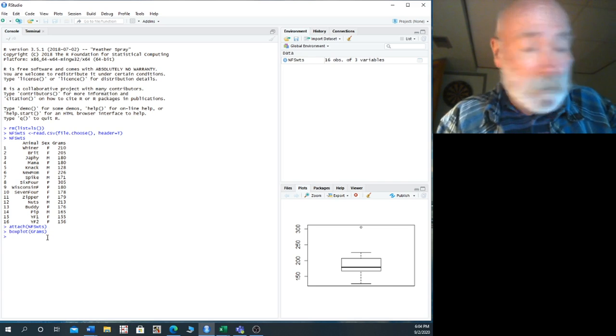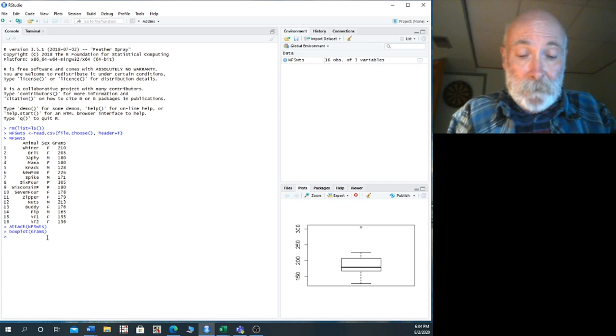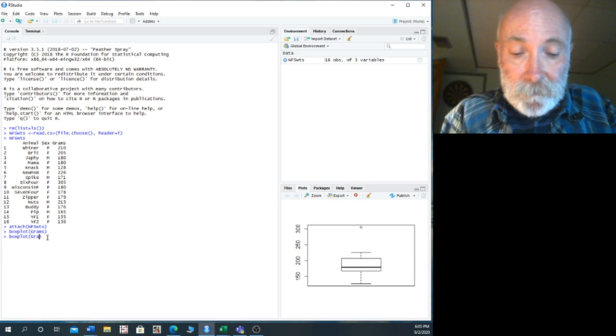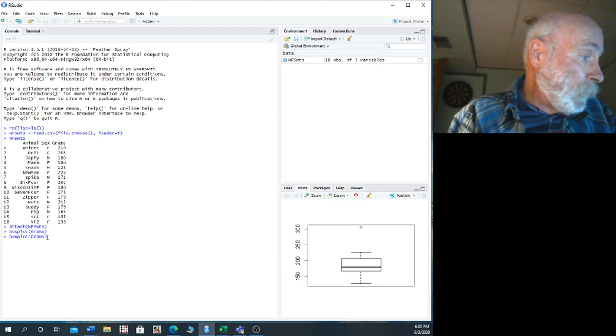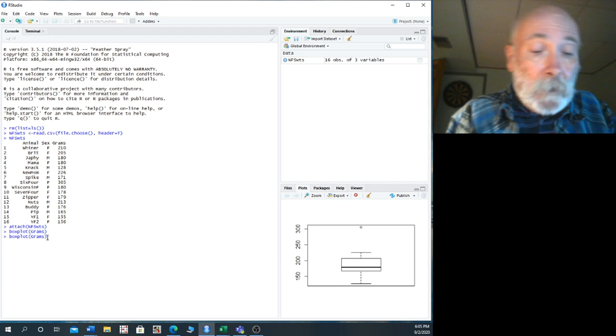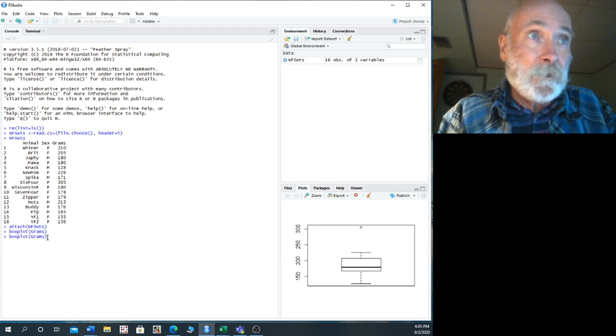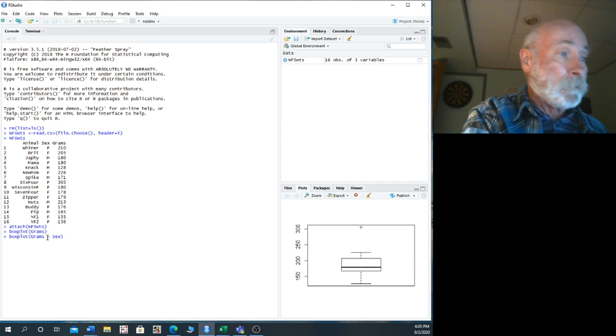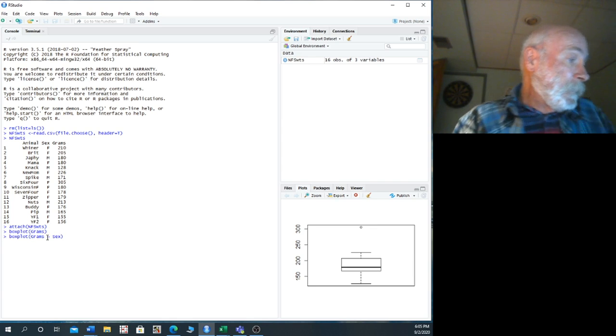Now let's make this just a little bit different. Let's type in boxplot grams, and I now want it divided by sex or organized by sex. So tilde sex. So it's now going to give me box plots by sex.